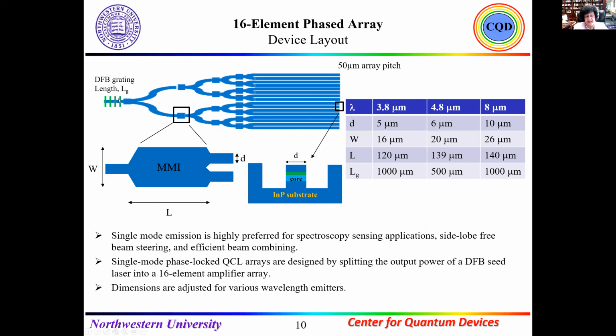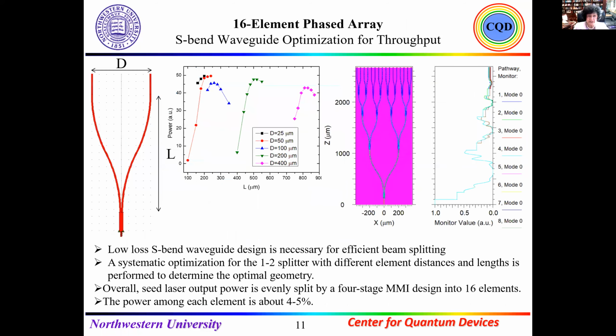That is exactly the difference part: the length of the DFB in order to have single mode, and the MMI optimization of the difference part, DLW, as we can see for the three different wavelengths, 3.8 micron, 4.8 micron, and 8 micron. We try to optimize that and use it for the three wavelengths.